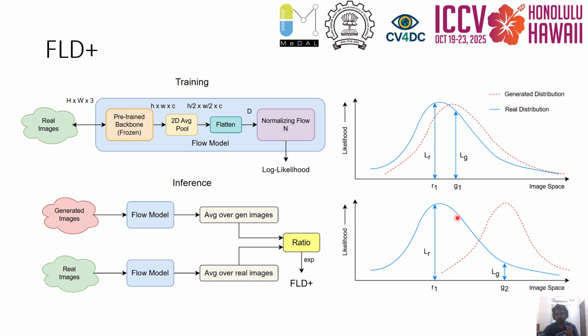But if both the distributions are separate, then the real images will still give high log likelihood, but the generated images will give a much lower likelihood with respect to the real distribution, because the normalizing flow is trained only on the real distribution. And the ratio will be different in both cases, which we can use as a reliable metric.